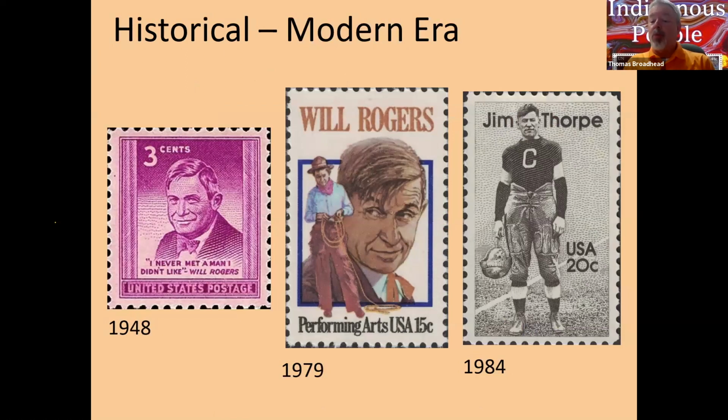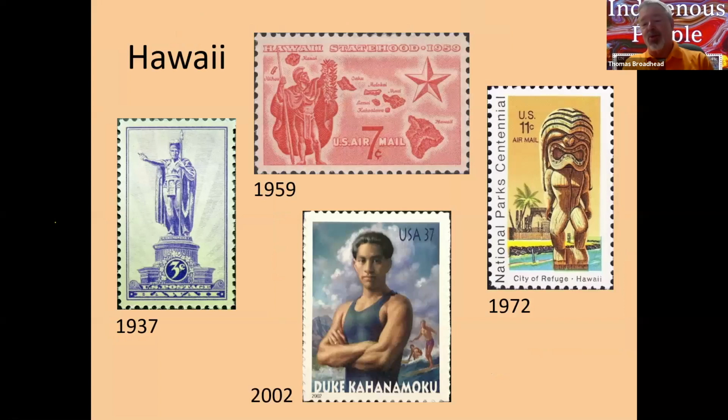We have some modern historical people shown on U.S. stamps, only two. Will Rogers, who appeared in 1948 and 1979 stamps, and football player Jim Thorpe in 1984. This is what I was jumping ahead to.